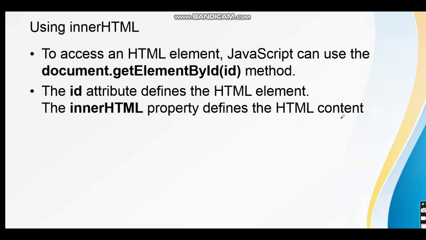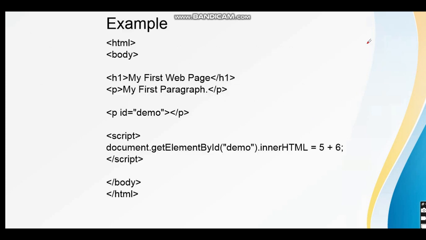So basically, here we are making use of innerHTML for JavaScript output, and it uses the getElementById method of the document object. The ID attribute defines the HTML element. The innerHTML property defines the HTML content. Let's see the execution part of this. It will be more clear to you all.